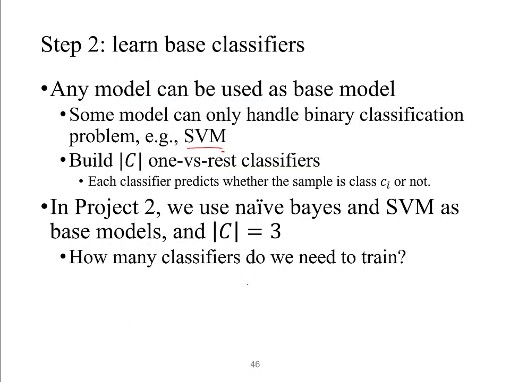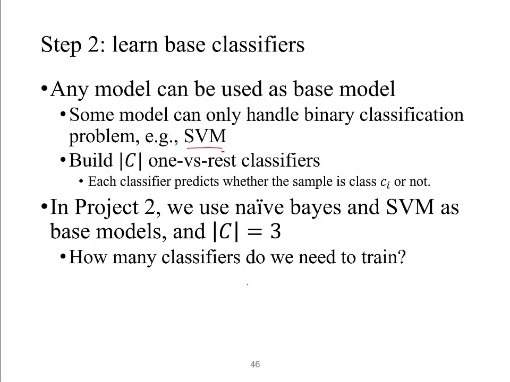Now let's look at the second step, which we have already mentioned here. The second step is to learn the base classifiers. As we have mentioned before in these slides, because we're dealing with a multi-label classification problem, and some models can only handle binary classification problems, we use this one versus rest trick to use, for example, SVM for this multi-label classification problem.